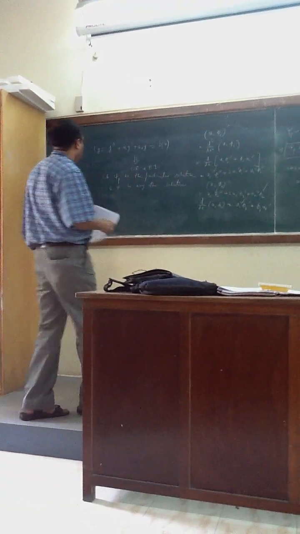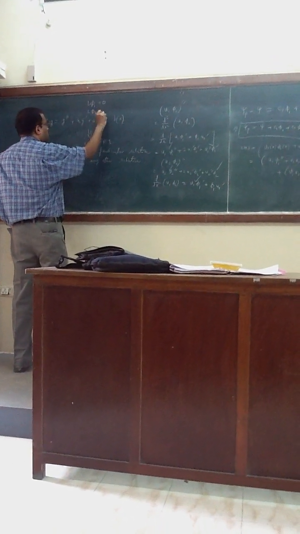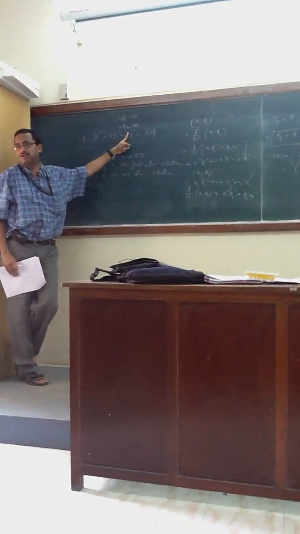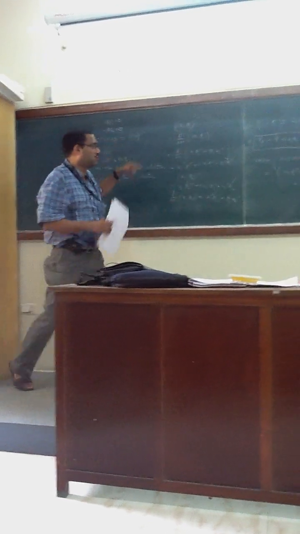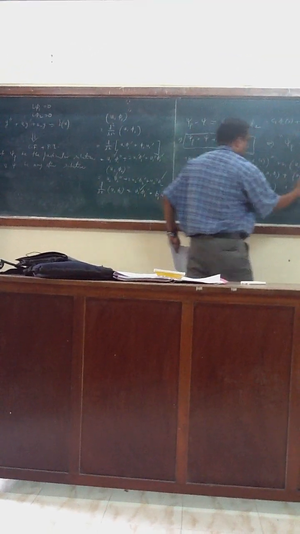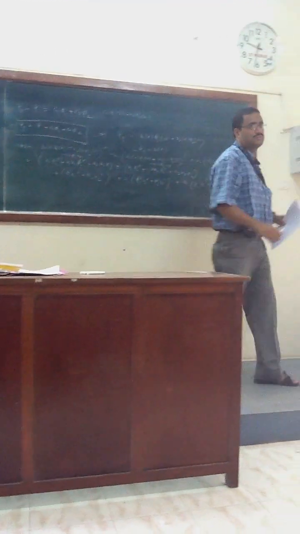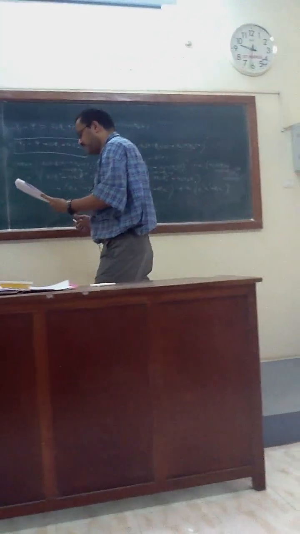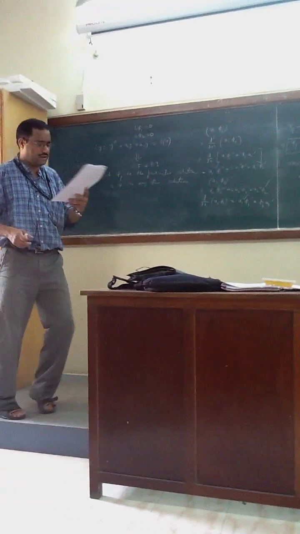Because we know that L phi 1 has to be 0 and L phi 2 has to be 0, because they are the solutions, independent solutions of the homogeneous equation. So L phi 1 equals 0, L phi 2 equals 0. So this is nothing but my L phi 1. This is nothing but L phi 2. Right? Okay? Then what else is remaining? So only three terms are remaining.